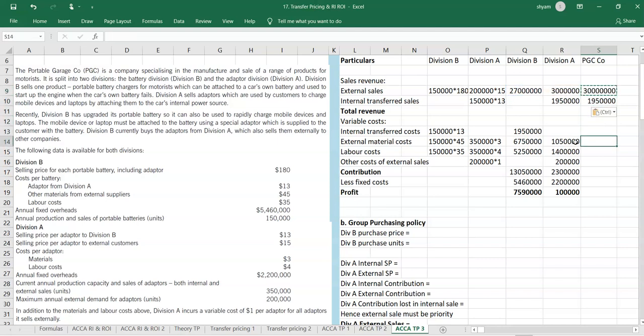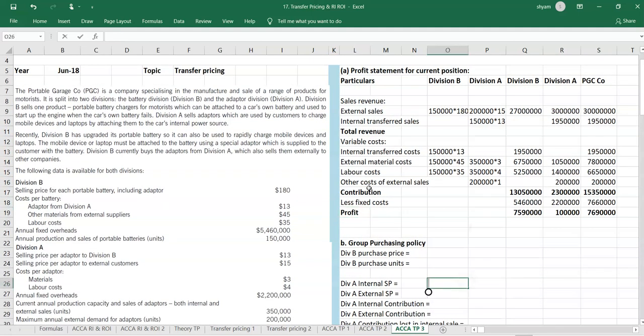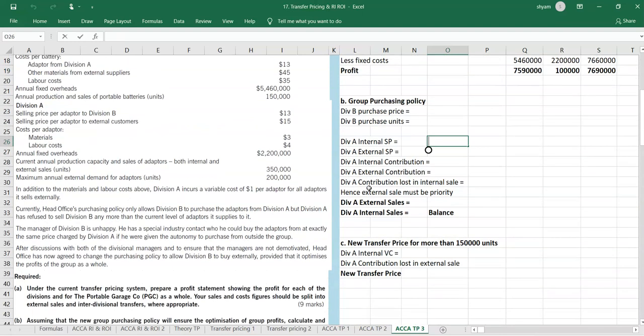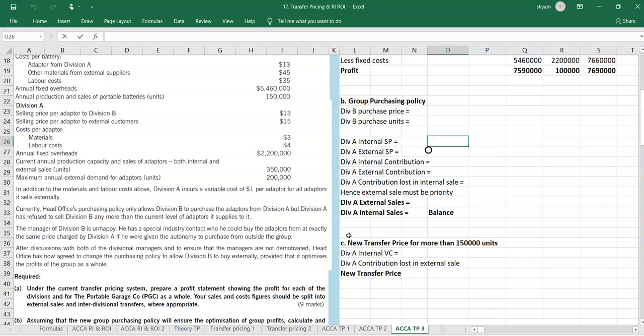All numbers column wise, if you add, you will get the answer. So that's about the concept here. So we got our profit statement. So this part of the sum is over. So we have to move to the second part of the sum. Let's see the second part.